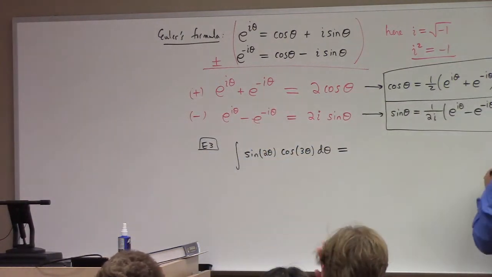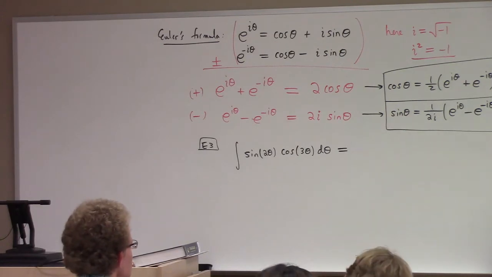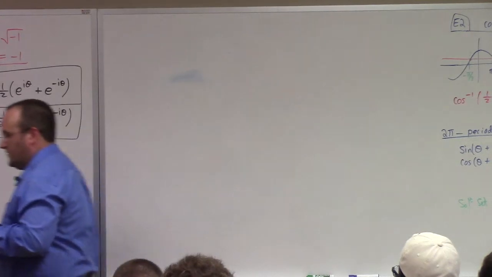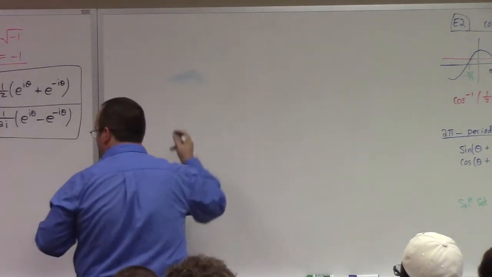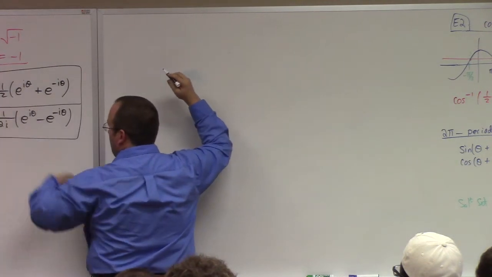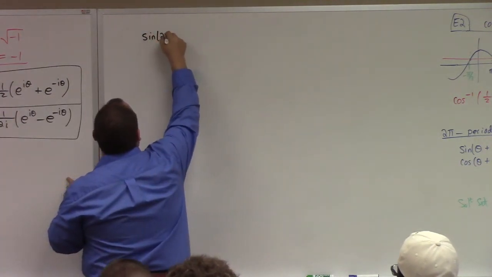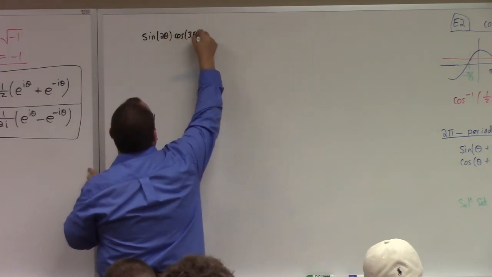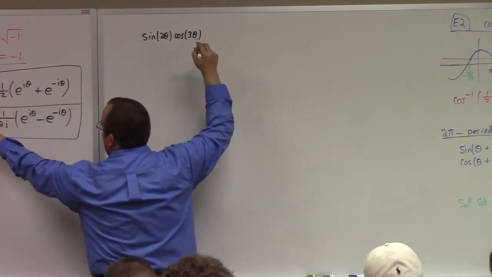So we'll use this imaginary exponential technology, if you will, and I can use it to derive a trig identity. I don't have to memorize anything. I can derive nearly everything if I just remember these two fundamental things. Here's how it works. Sine 2 theta, cosine 3 theta. What I've got to do is make a simple algebraic substitution, replace theta with 2 theta, right?